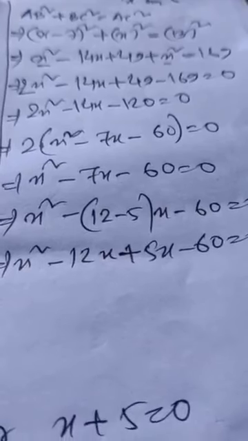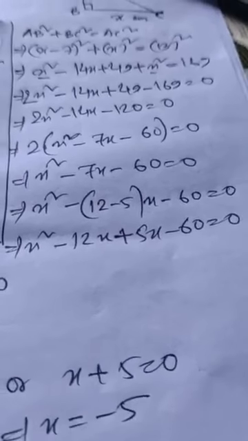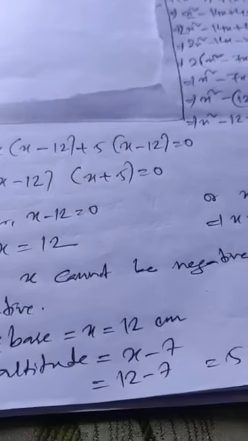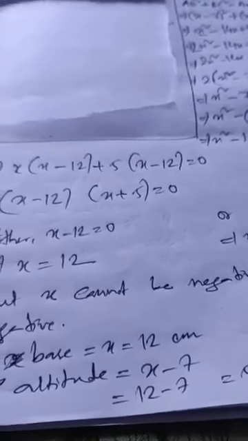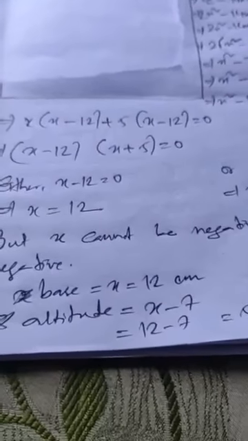Hopefully you can understand by yourself how I got this 12 minus 5. Then again, after taking common here, we are getting like this. So either x minus 12 equal to 0 or x plus 5 equal to 0. Here I am getting x equal to 12, x equal to minus 5.